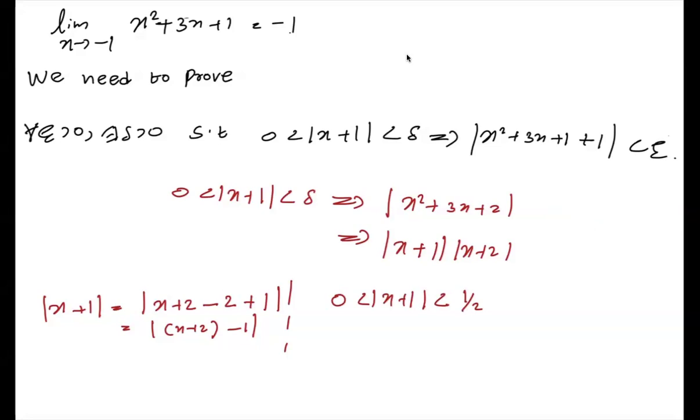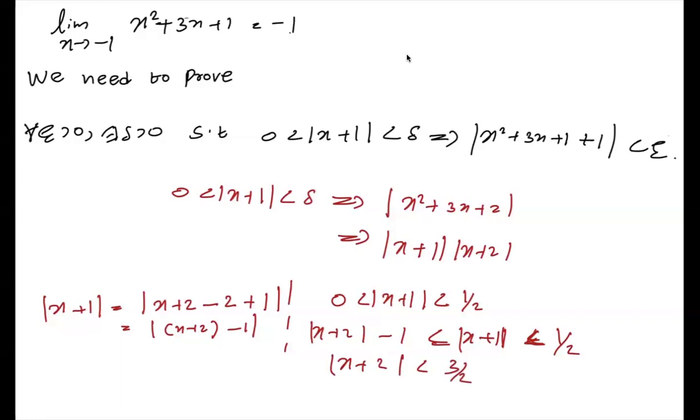Then I can put the absolute value of x plus 2, using the triangle inequality, less than or equal to the absolute value of x plus 1 plus 1, less than half plus 1, which is 3 over 2.